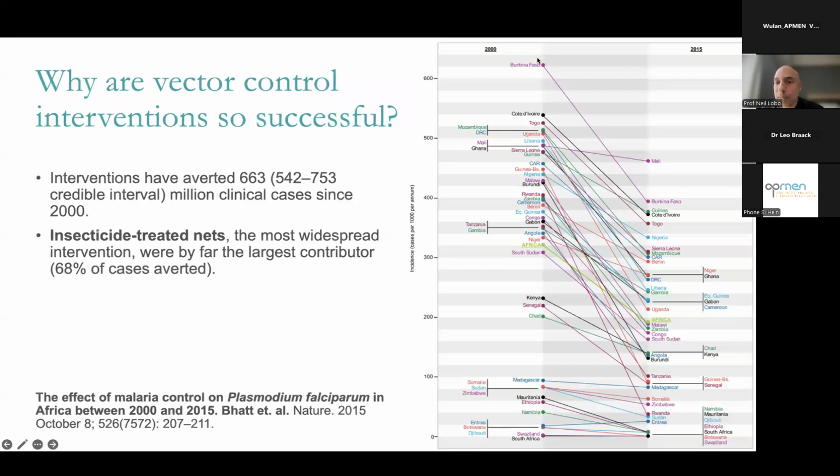And on the right, you can see a picture of the countries and the amount of malaria in 2000. Almost all of them have gone down until 2015 when this was published. So you can see vector control interventions have caused a huge and dramatic drop in malaria worldwide.